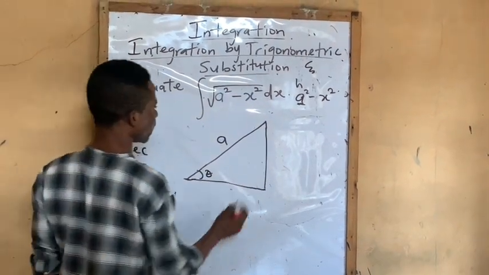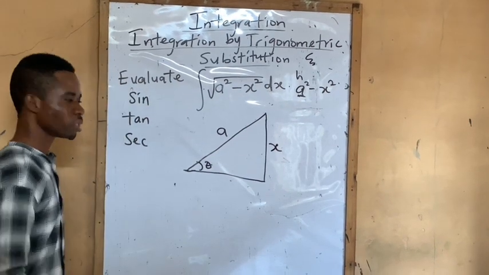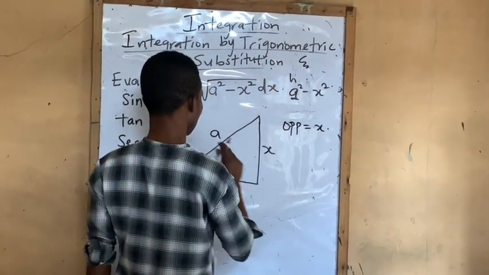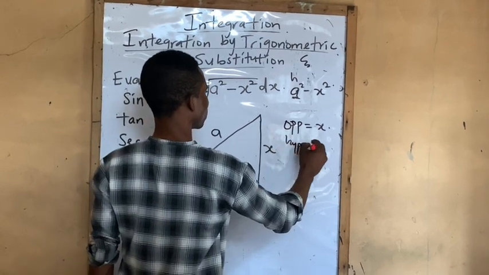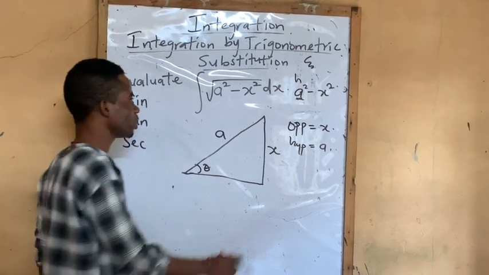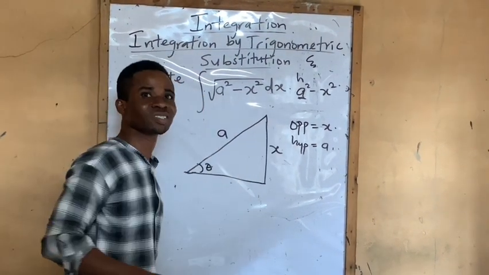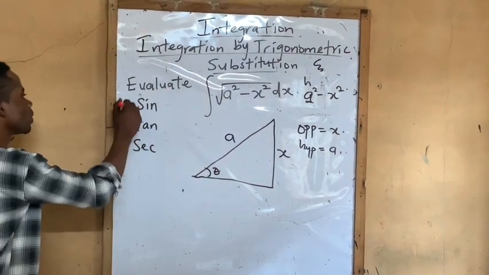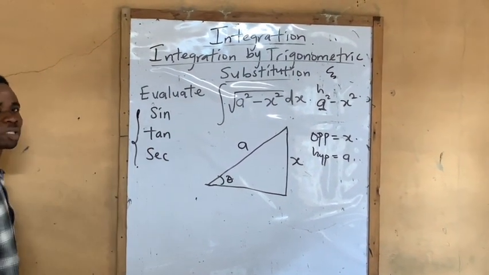But if I put the x here, this is opposite. Opposite is x, hypotenuse is A. And what is the trig ratio that joins these two together? That is actually sine. Sine joins them together, and out of these three, sine is one of them.